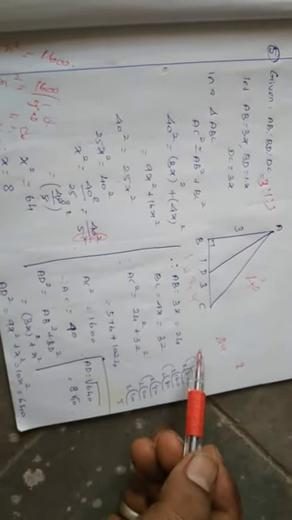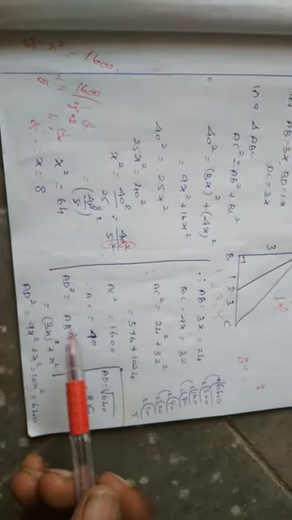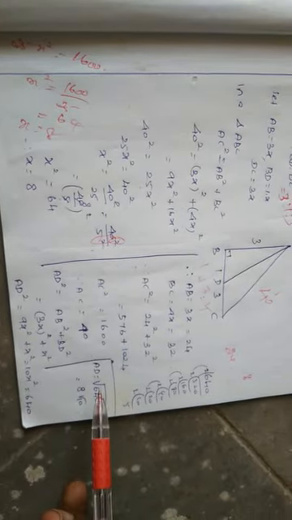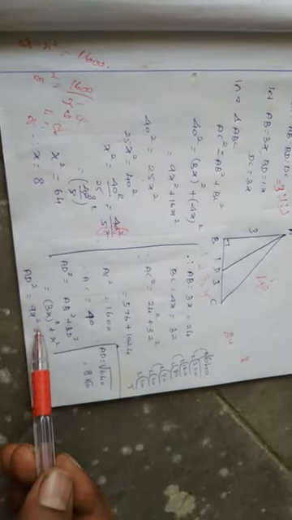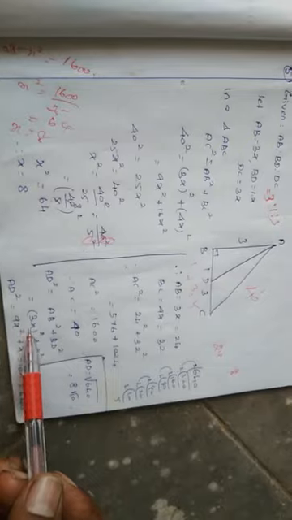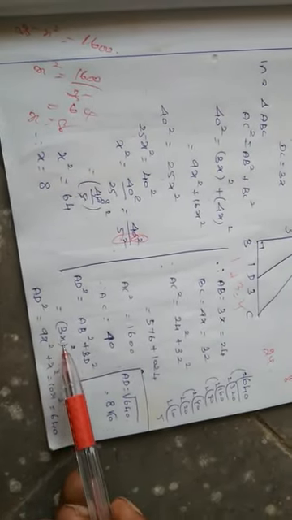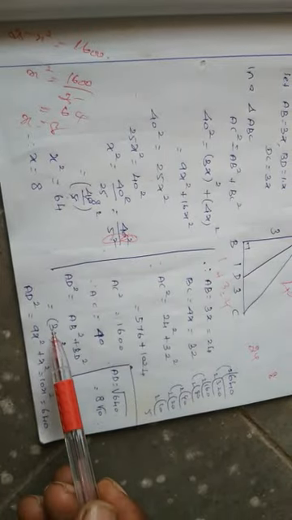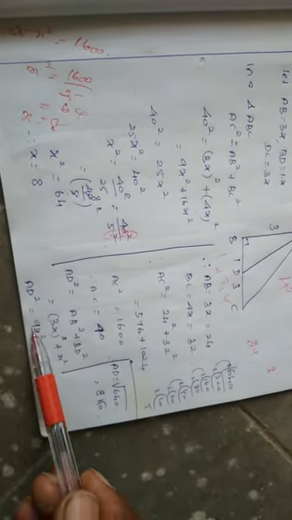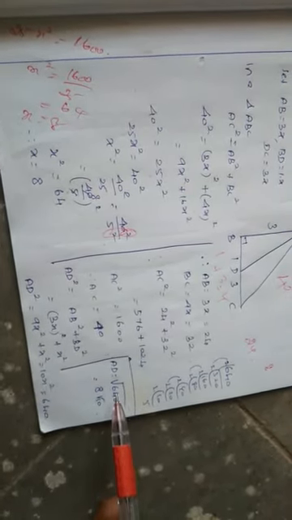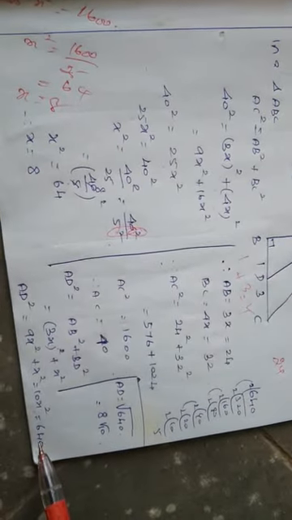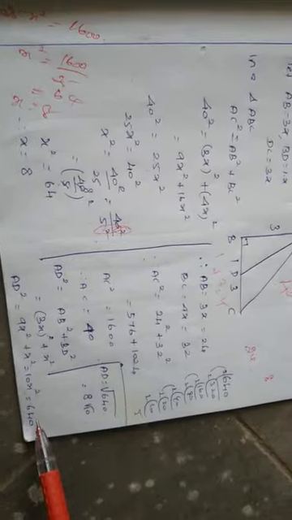So AD squared equal to 24 squared plus 8 squared. Using x, AB squared plus BD squared is 3x squared plus x squared, 9x squared plus x squared, that is 10x squared. So 10 into x squared 64, that is 640.